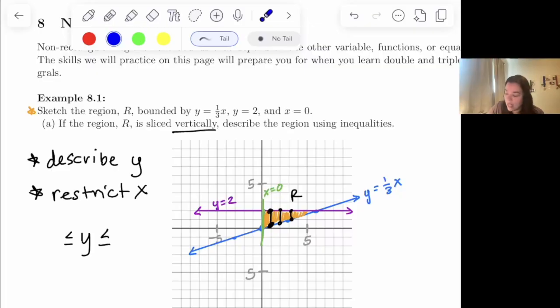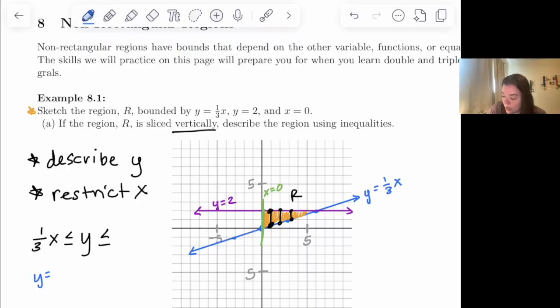That slanted line is where everybody's feet touch, right? That slanted line is the floor. And since we're looking at it in y perspective, we need a y equals quantity. Well, we do know the floor of this is y equals 1/3 x. So y is bounded below by 1/3 x.